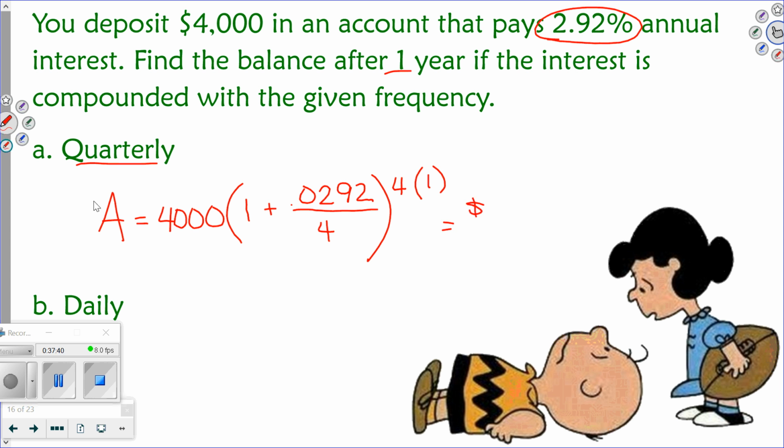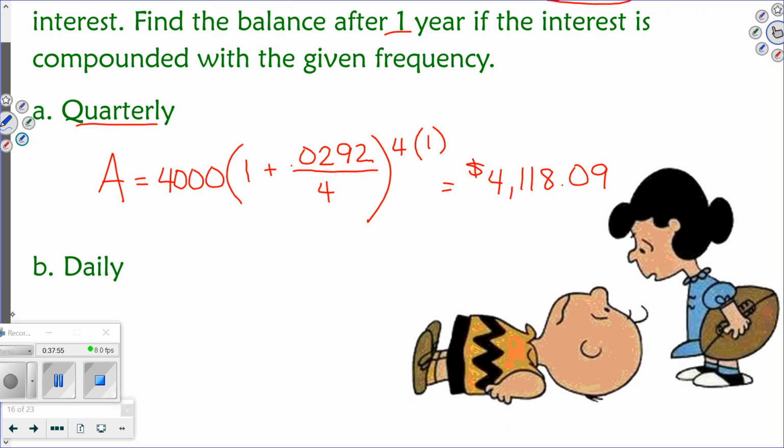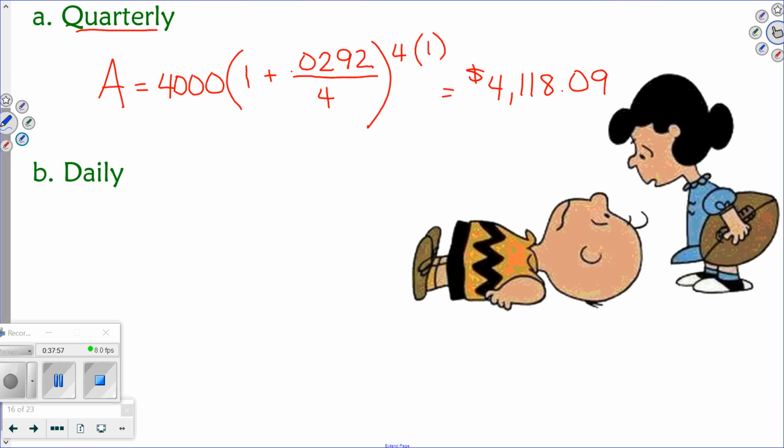All right, so quarterly, we should get $4,118. How many cents? That would be 9 cents. Be careful, it's got an 8, and then there's a 5 after it, which is going to make that round up to 9 cents. Okay, same amount, but what if I went daily? Should it be more or less?